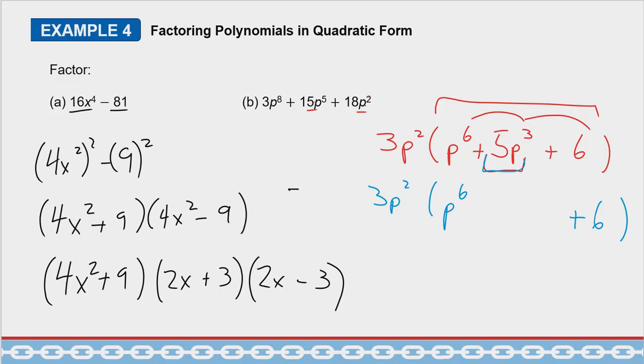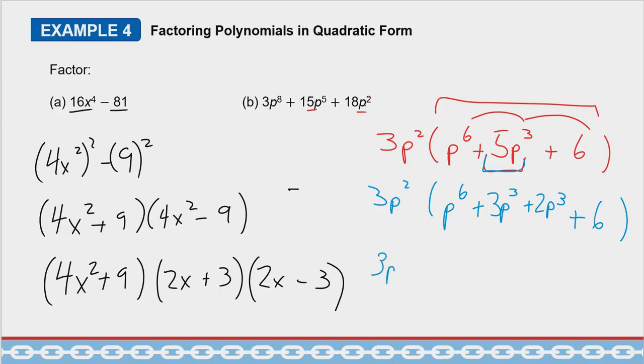So let's go with 2 plus 3. Let's go plus 3p to the 3rd plus 2p to the 3rd. It's a little bit of kind of poke and hope, guess and check.